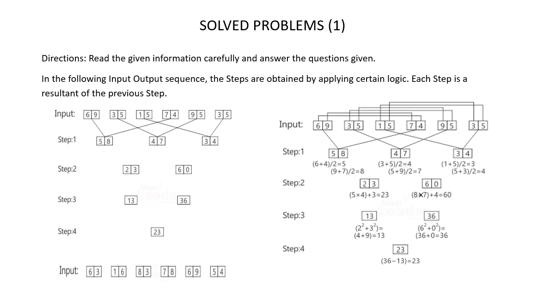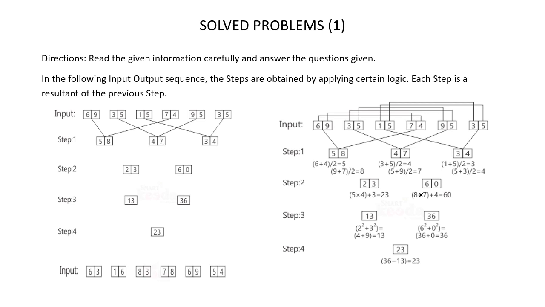That is 2 squared plus 3 squared is 4 plus 9, which is 13, and 13 is the first number of step 3. Similarly, 6 squared plus 0 squared is 36 plus 0, which is 36. So 36 is the second number in step 3. So the numbers in step 3 are 13 and 36.